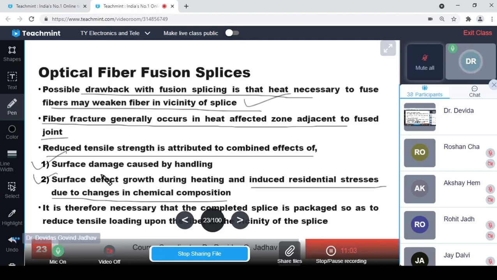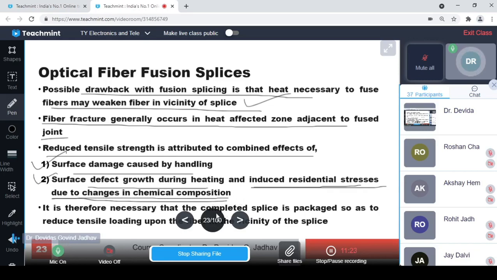So due to heating, the handling is also causing damage. The defects grow due to the heating, and residual stresses are introduced due to the changes in the chemical composition. All these are due to the heating process.